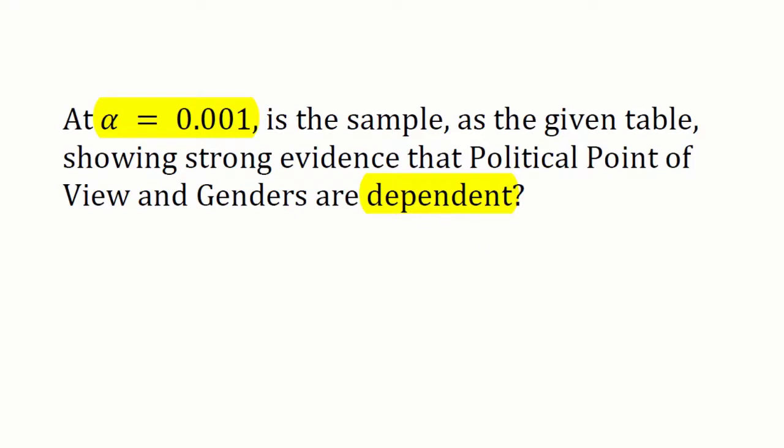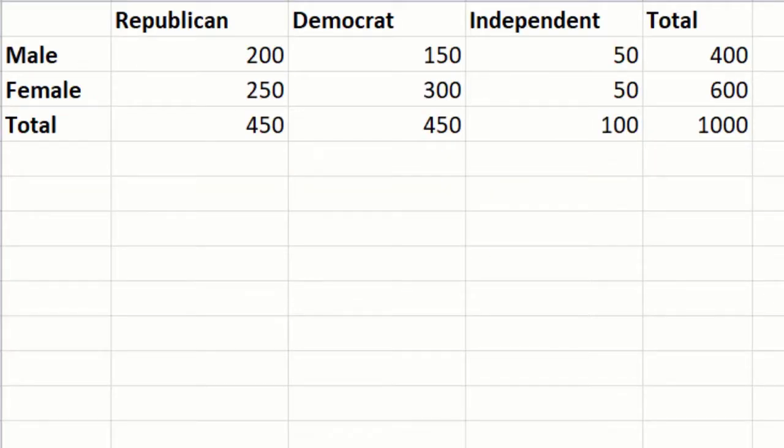And dependence only means that there must be some kind of relationship between the two categorical variables existing here.